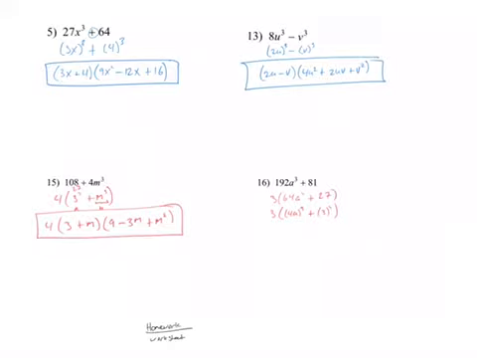Maybe that's helpful. So write that 3 on the outside. That's this 3. Then I'm going to say 4a plus 3. Then 4a times 4a is going to give me 16a squared minus 12a plus 9.